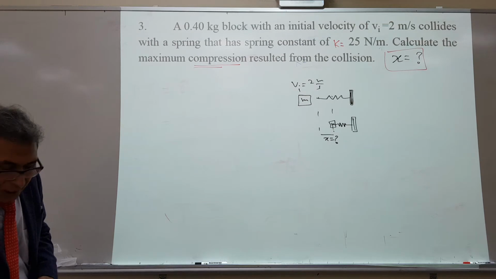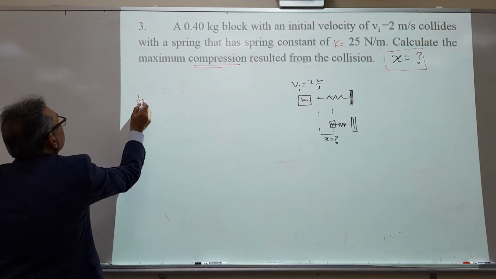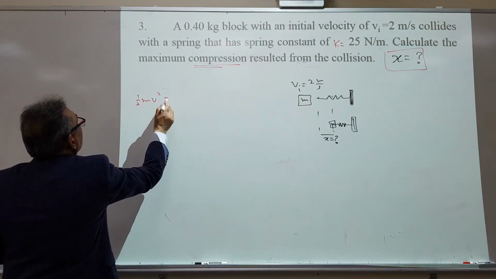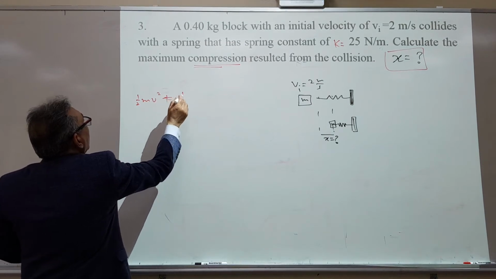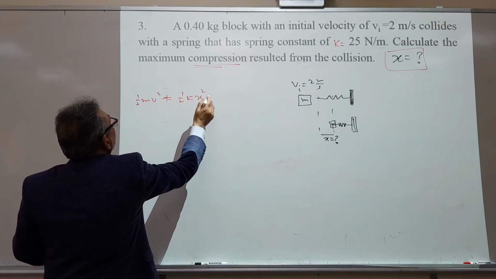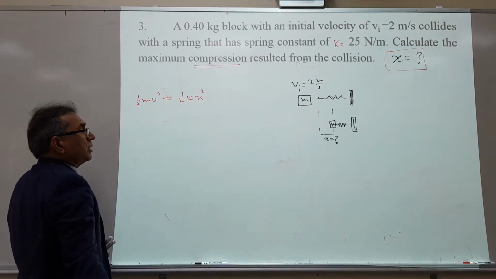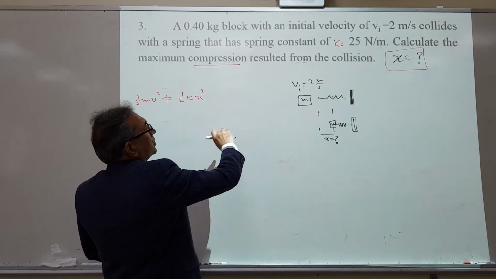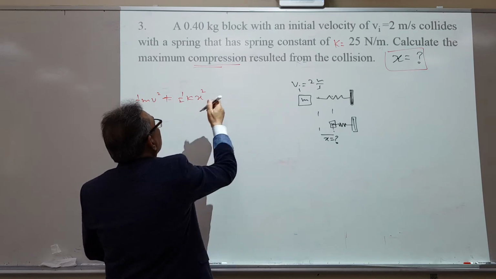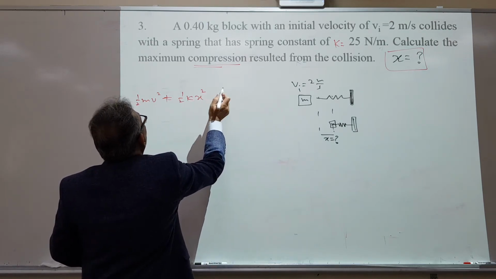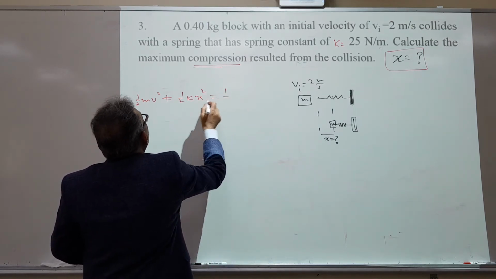We have half mv square plus half kx square, which is the elastic potential energy. You can even add gravitational potential energy mgy, but since this is horizontal, we don't take that one, it is 0, on both sides.